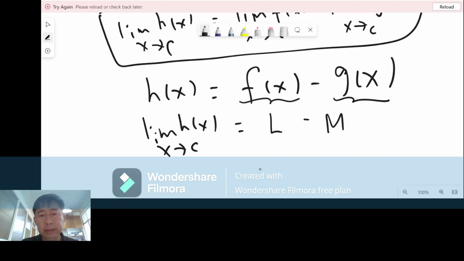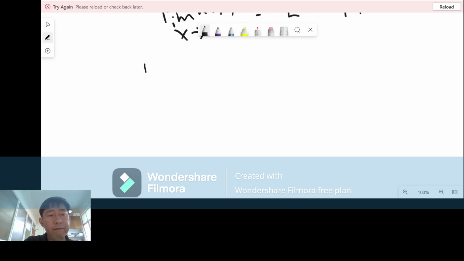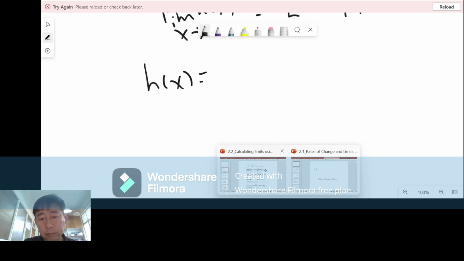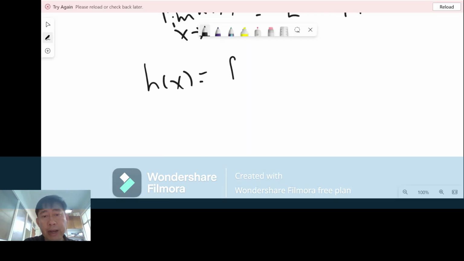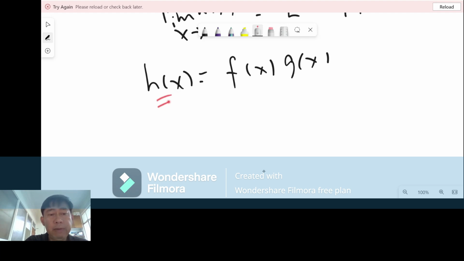The third rule is very similar. If you have a new function h which is defined to be the product of functions f and g, then the limit of this function h can be easily calculated as the product of the limits of f and g at the point c.